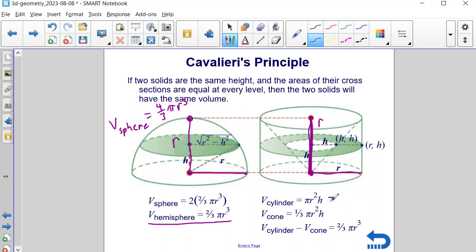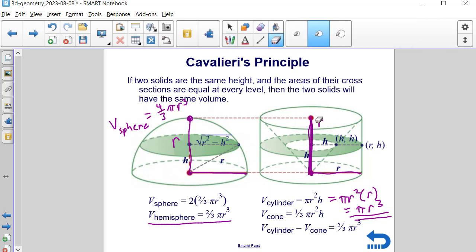So therefore, we can substitute r in for h here and get pi times the radius squared times the radius again, which is pi times the radius cubed. That is the final volume of our cylinder. Now, if we have the volume of the full cone, we use that same principle. 1/3 pi times the radius squared of the circle times the height, which again was r.